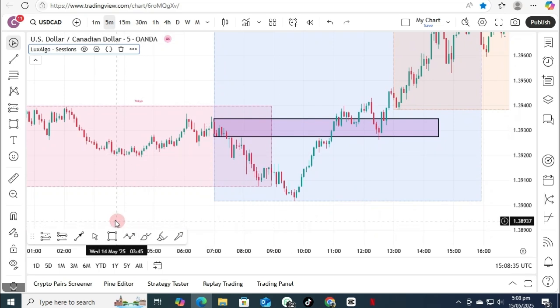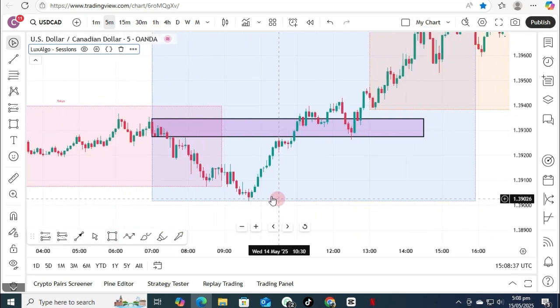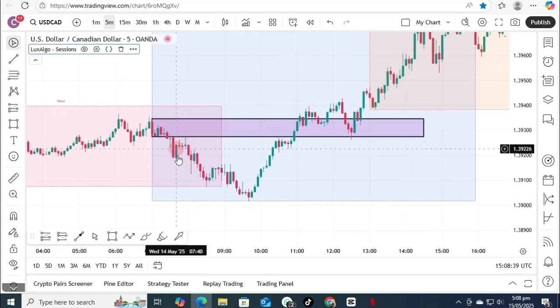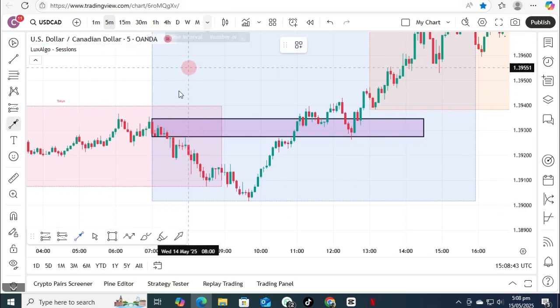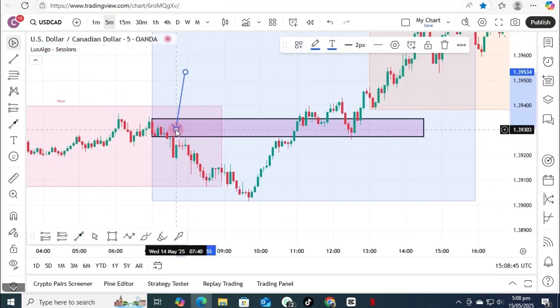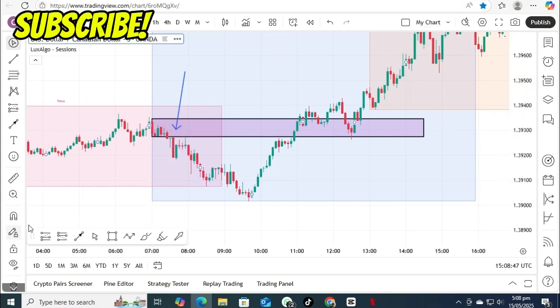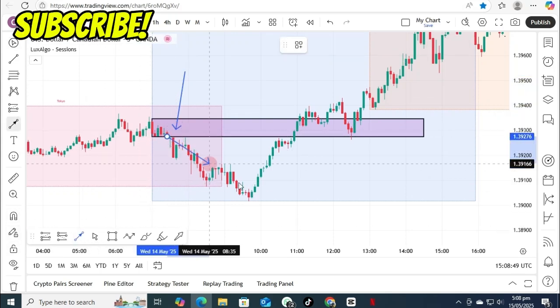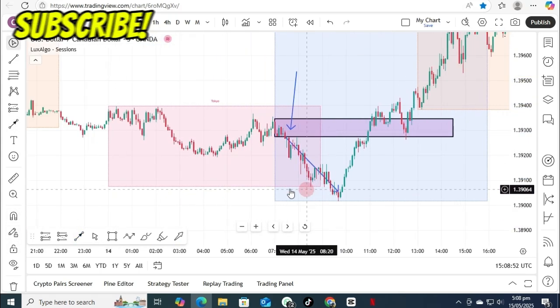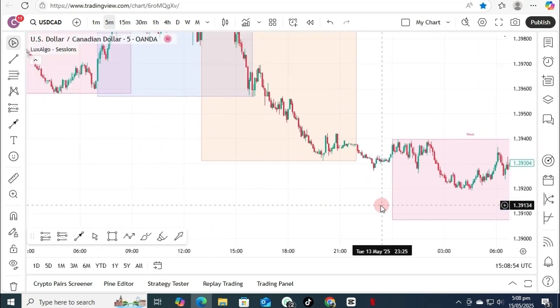Price closed just below using a bearish candle, and then price definitely started selling.